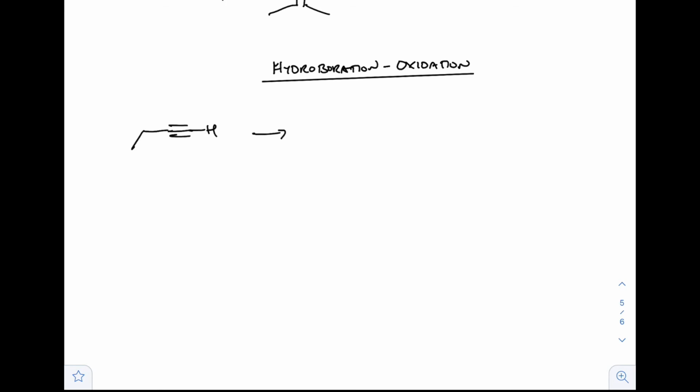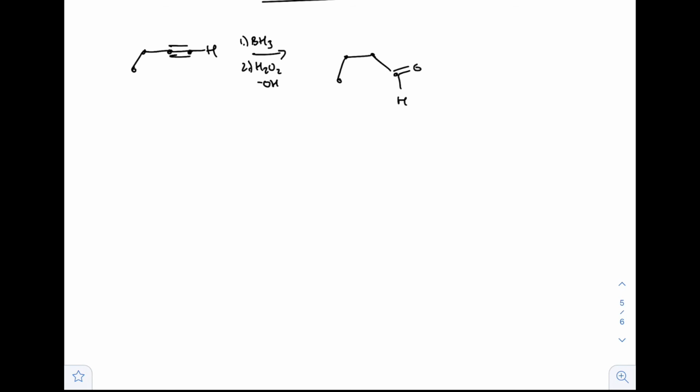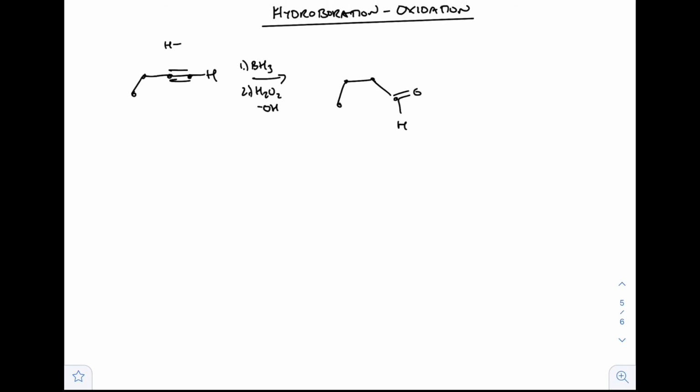Let's try the terminal alkyne first. Remember that BH3 and the hydrogen peroxide and hydroxide was the way we did the hydroboration as well as oxidation. What we ended up getting was an alcohol for the addition to alkenes, but in this case we're going to get an enol, which then tautomerizes to give you an aldehyde when you have a terminal alkyne.